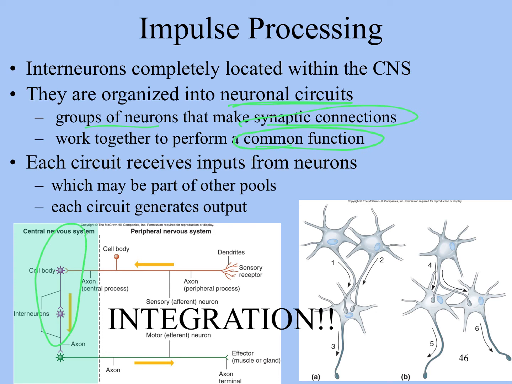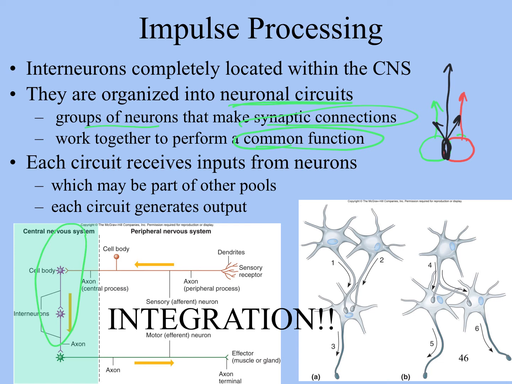And then neural circuits can be organized into pools. So a way to look at this is you have one neural circuit, which is a bunch of interneurons that are interacting with each other to perform one function, and another neural circuit pool, we'll do that in red, that performs another function, but there may be some overlap between those two pools of circuits that goes to a completely different function or something that enhances one of these other two functions.